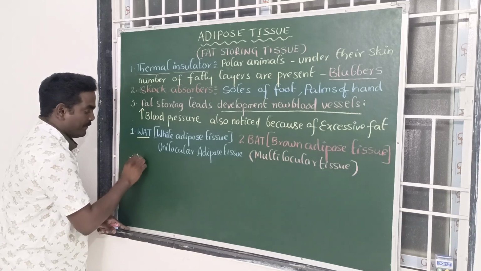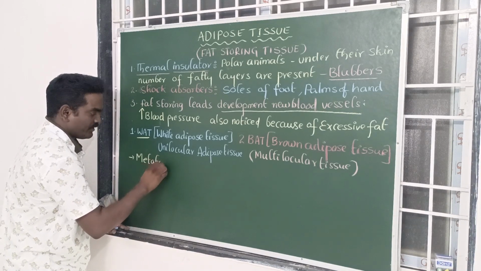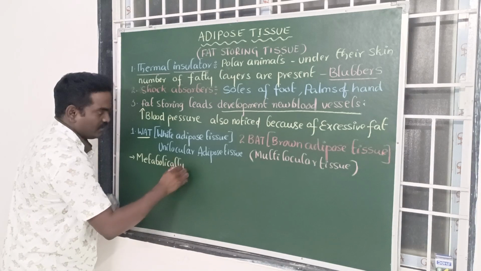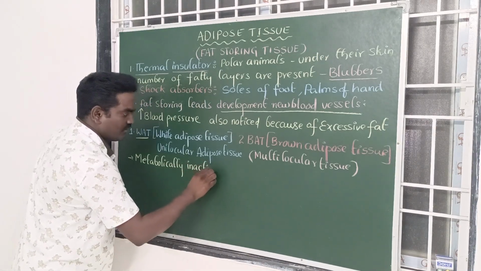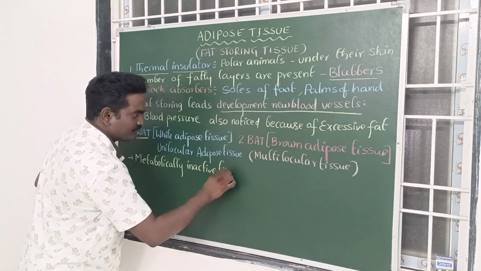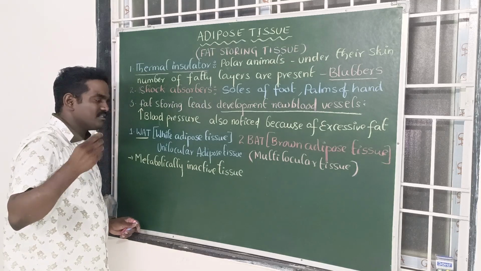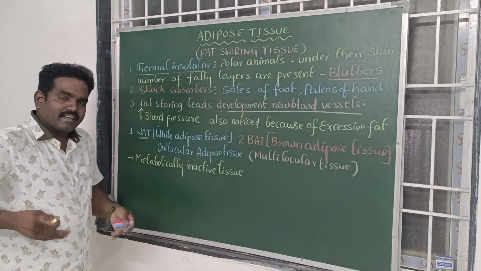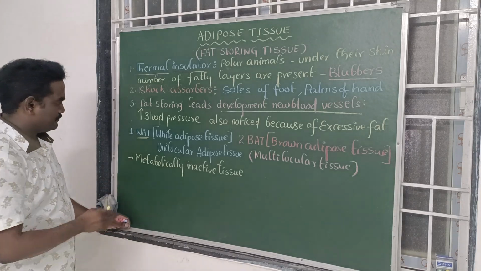It is metabolically inactive tissue. Its only role is that it is continuously involved in the storing of fat. That is also responsible for gaining weight or increasing the size of the body.